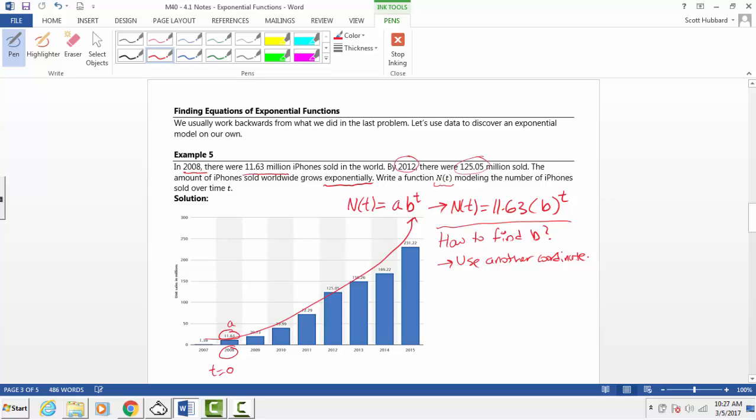So we can use 2012 and 125, but remember that 2012 has to be relative to where we started. So if 2008 is 0, then 2012 is going to be 1, 2, 3, 4 away. So 2012 is going to correspond to t is equal to 4, because it's 4 years away from our starting point. So t is equal to 4.